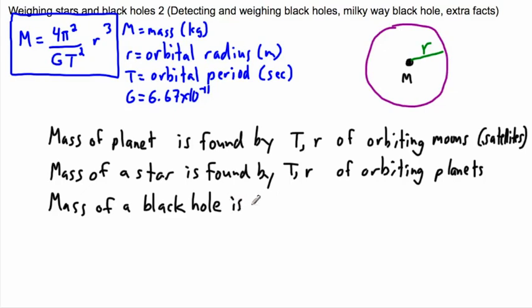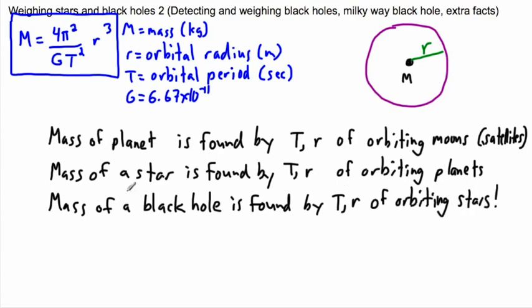It can be found by this method as well. So it can be found by the orbital period and the orbital radius of orbiting stars. That's the key thing here. If we have orbiting stars, then we can calculate the mass of the thing that's in the center. And I think this is just mind-blowing when I learned about this.